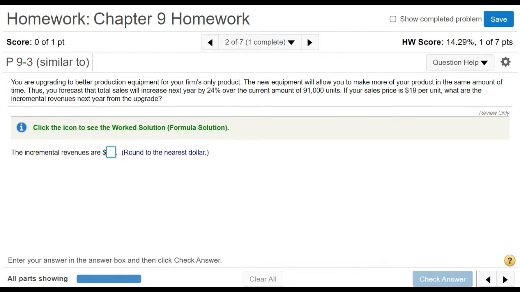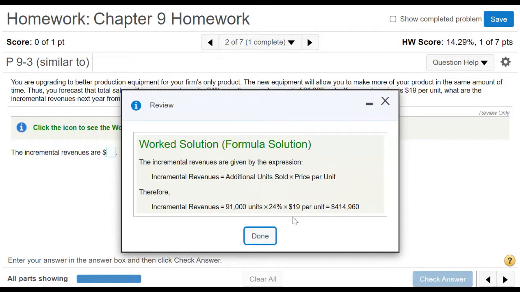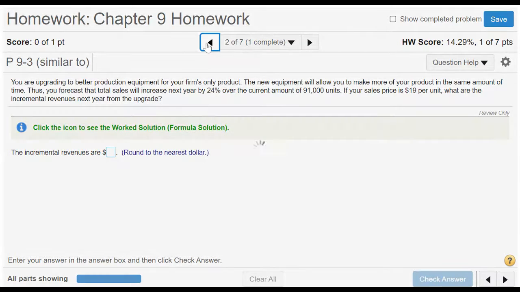So 91 times 0.24 times $19. That's how you get this. But you don't do this. They're trying to trick you. This should be 0.24, because the answer would be wrong if you do 24 instead of 0.24.